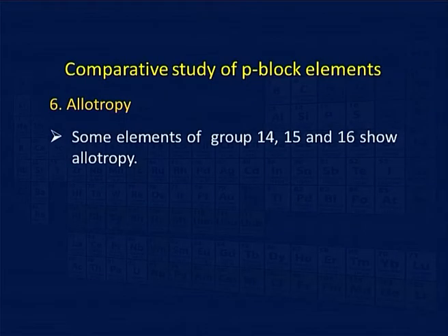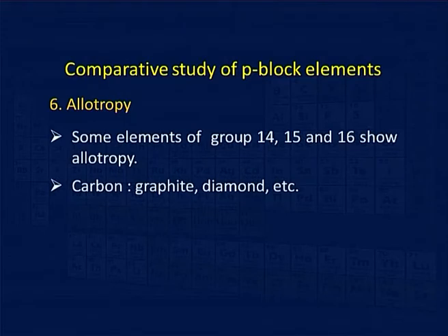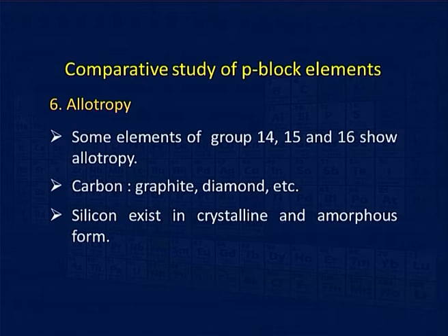Let us discuss allotropy. Some of the elements of groups 14, 15 and 16 show allotropy. Carbon exists as lamp black, coal, graphite, diamond and fullerene; these are all allotropes of carbon. Silicon exists in crystalline and amorphous forms.